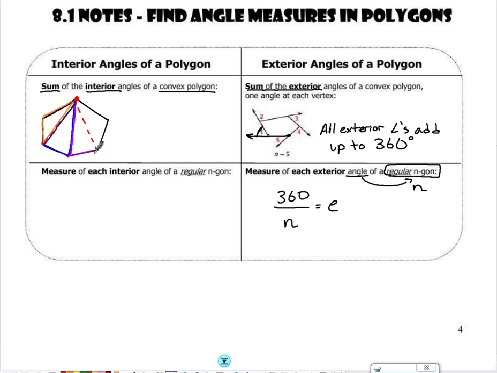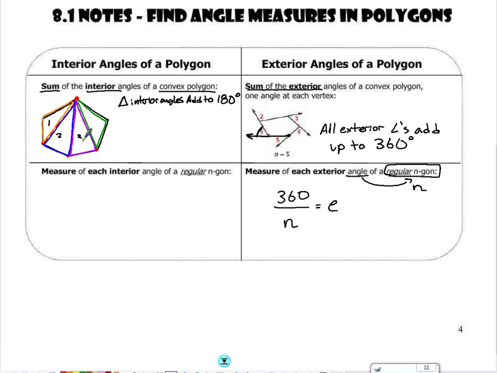I'm sorry, 4. 4 polygons that are all triangles. The important thing to remember about all triangles is that the sum of their interior angles is always 180 degrees. Triangles' interior angles add to 180 degrees.